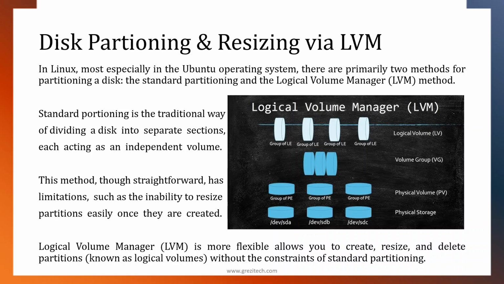Your standard partitioning is straightforward, but the issue with that is that if you've done your partitioning, you cannot easily resize it. It's difficult resizing partitions once you've done them. Usually, when you're installing your Linux, you have several partitions: the first partition, the second one, and the third one.